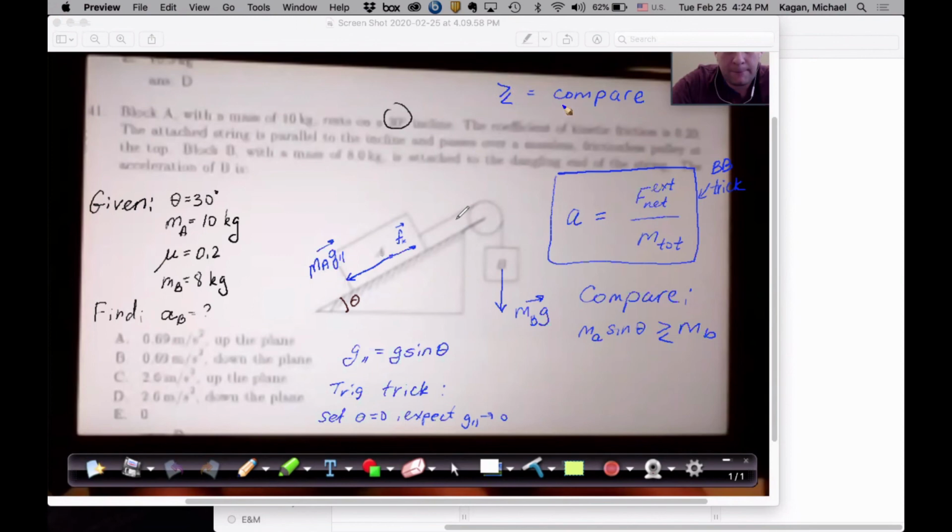Yeah, this is the symbol which I'll use for compare. I'm not sure if you're familiar with this, but this is what we'll typically use if we want to say compare. So we compare MA sine theta and MB. See who wins, okay? Since theta is 30 degrees, this is 1/2, and it looks like B wins, right?